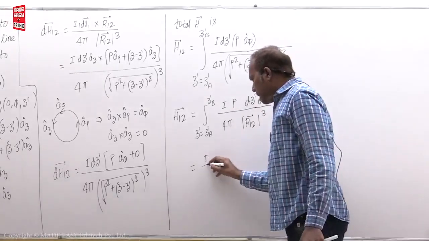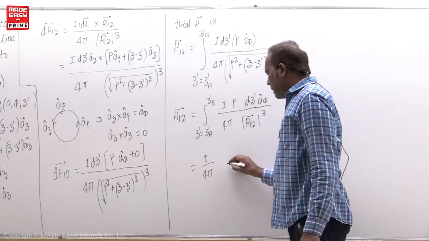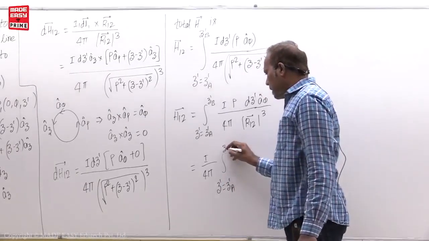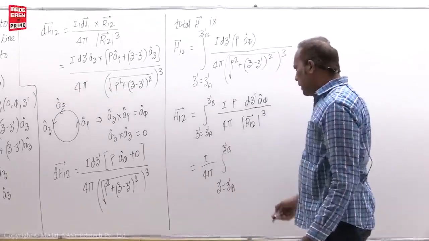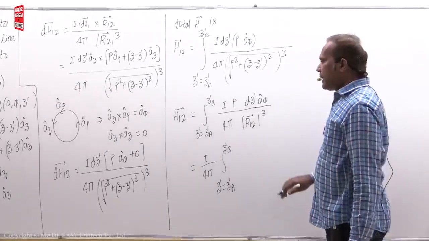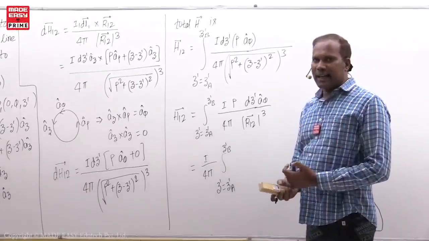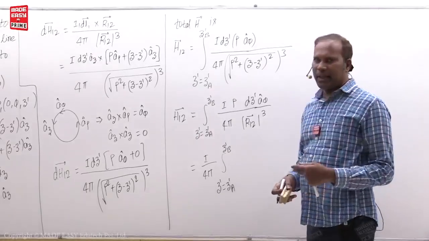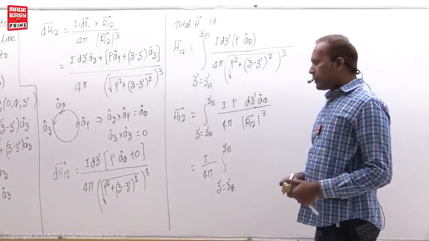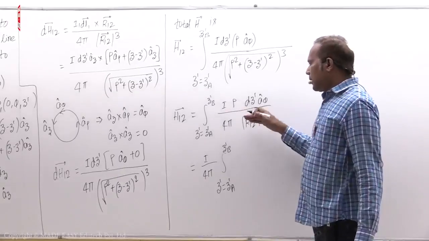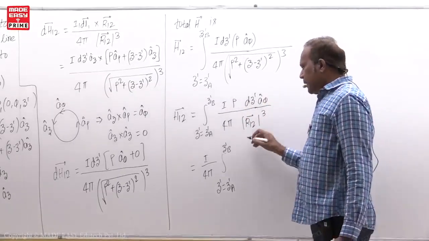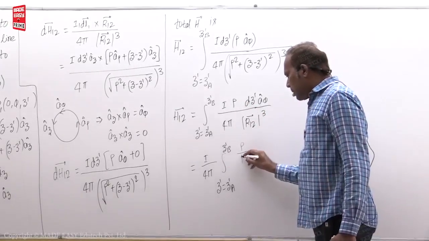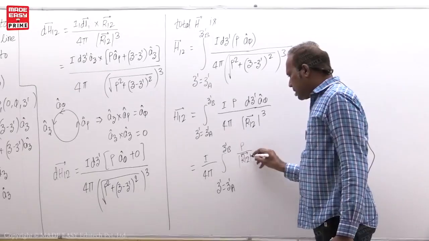So I will adjust this equation. I by 4 pi, I is constant, it came out. Then the integral, z dash varying from z dash A to z dash B. If you want angles, then distance by distance, because angles don't have units. Cos phi, sin phi, tan phi are ratios; they don't have units. That is why you write this in terms of distance by distance. So I by 4 pi came out. Distance rho divided by modulus of r12 is also distance by distance.